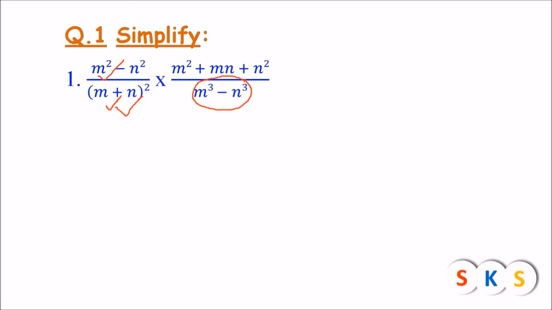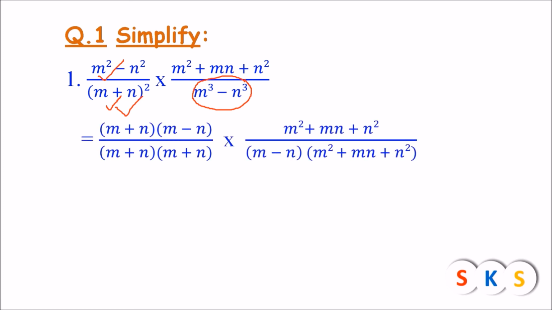Okay, so let's see now the next step. Now over here we will get this, right? m plus n into m minus n. For that I have used the formula of a square minus b square. And m plus n the whole square you can write as m plus n into m plus n, and m cube minus n cube.